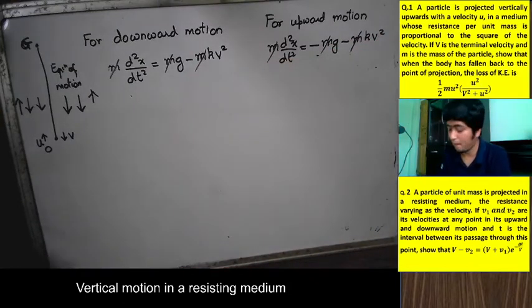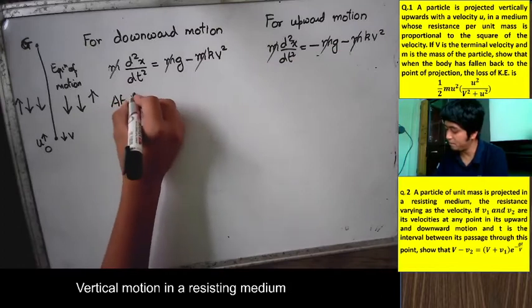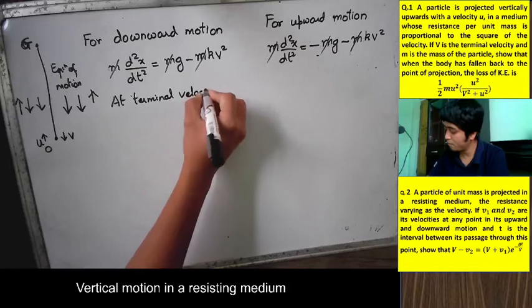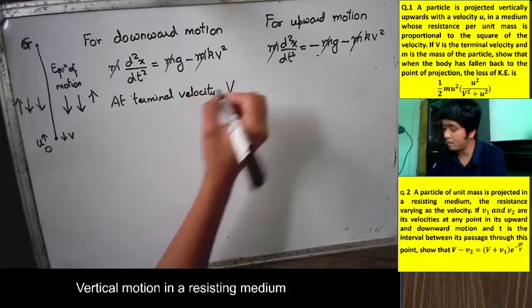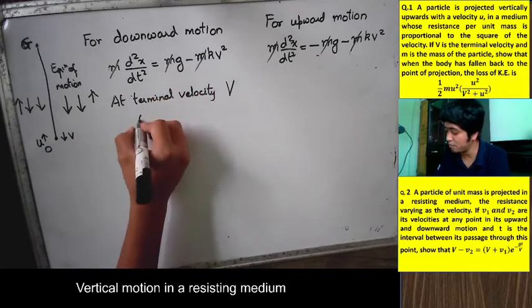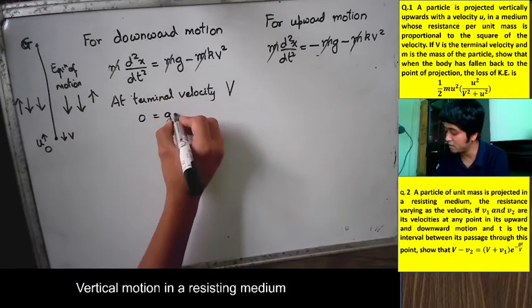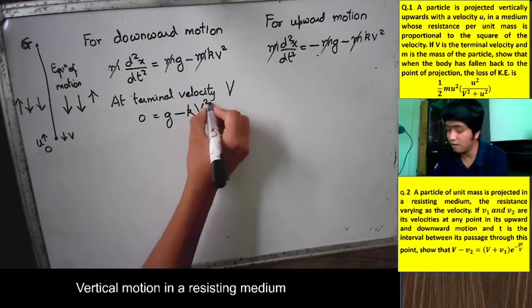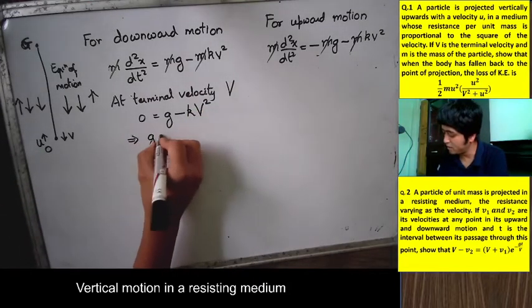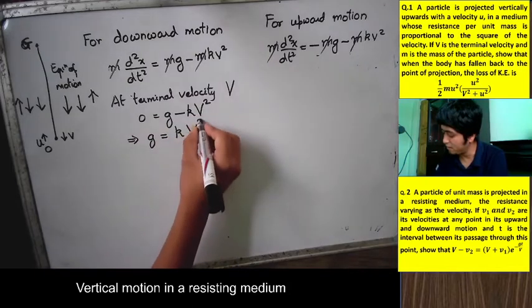So at terminal velocity, capital V, the acceleration for the downward motion will be 0. You'll have g minus k capital V square, so in other words, g will be equal to kV square.